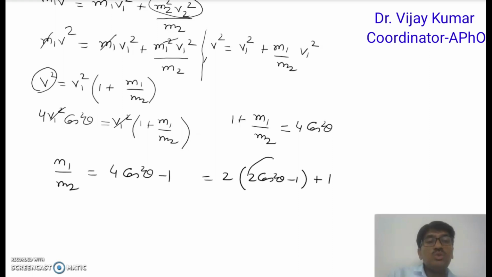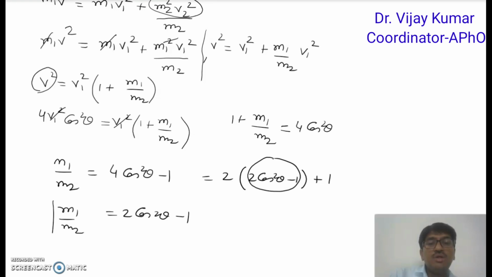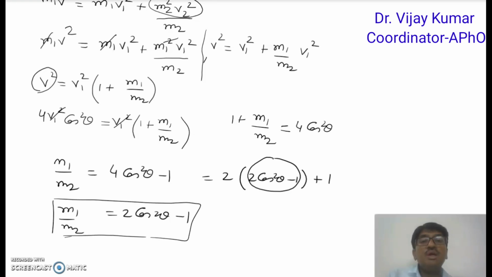And 2 cos square theta minus 1 means cos 2 theta, so m1 upon m2 should be 2 cos 2 theta minus 1.